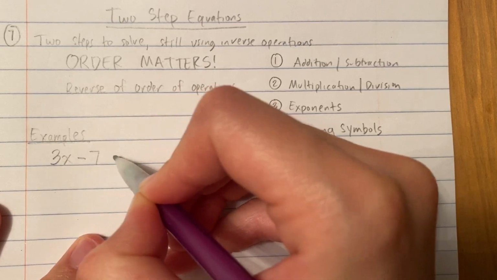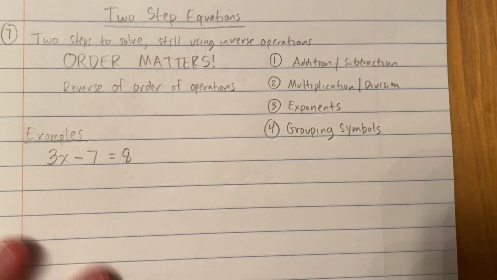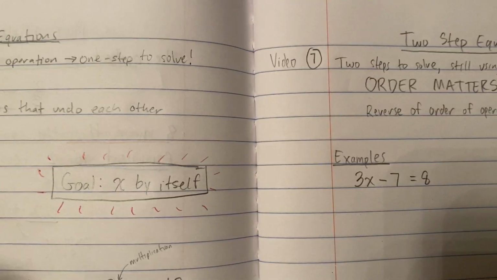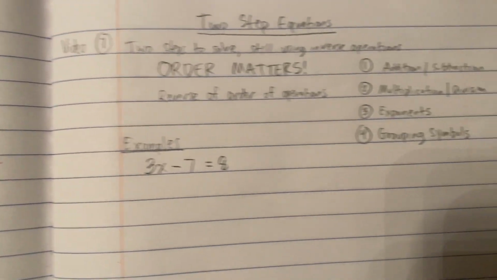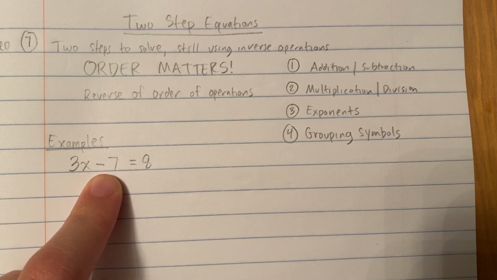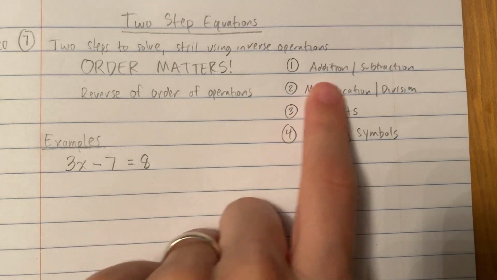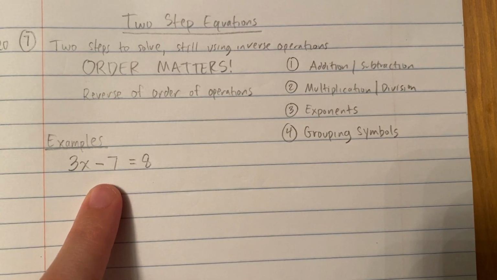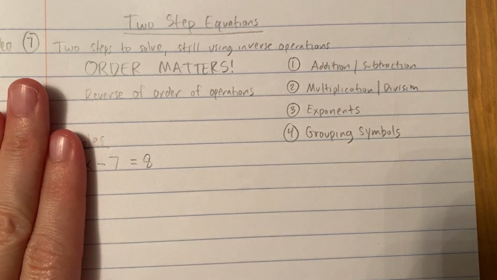Let's take a look at this. 3x minus 7 equals 8. Okay, so I want x by itself. That's my goal. Remember, that's always my goal. X by itself. And here I have 2 operations. I have multiplication here, and I have subtraction. So what do I do first? Let's see, addition and subtraction comes first. So the first thing I'm going to do is undo this subtraction. How do I undo subtraction?